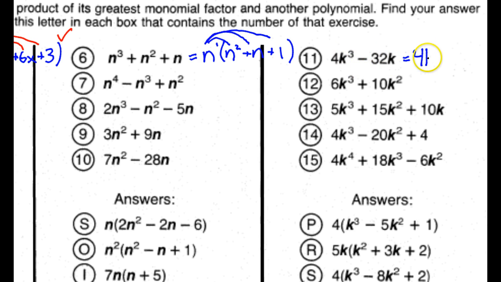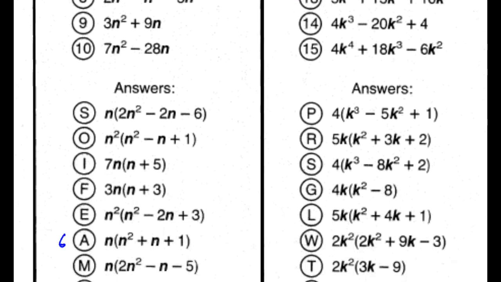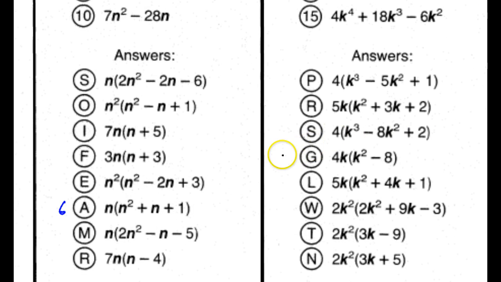You can take out a 4k and work backwards. 4k times what is 4k to the third? k squared. And 4k times what is negative 32k? Negative 8. That's 11. For 11, we'll put G.